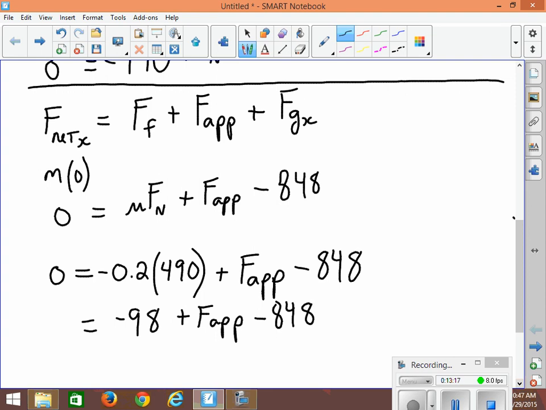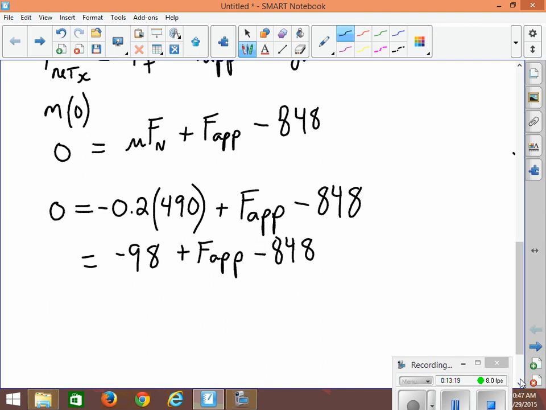And so, if I group my like terms and move them all over to the other side, I'll have 946 newtons equals the F applied. So that's telling me how much force I would need to pull the block up the ramp at a constant speed.